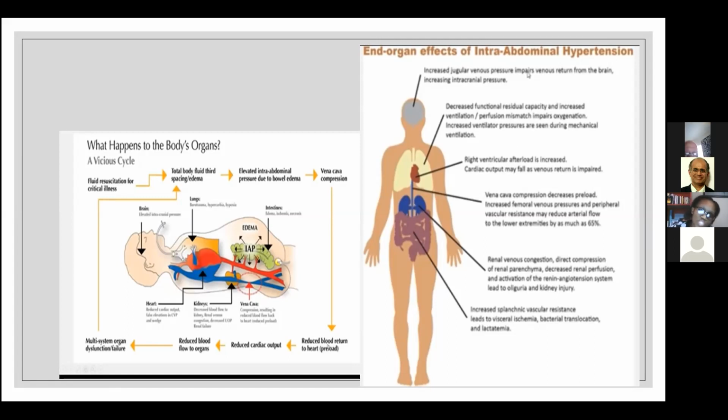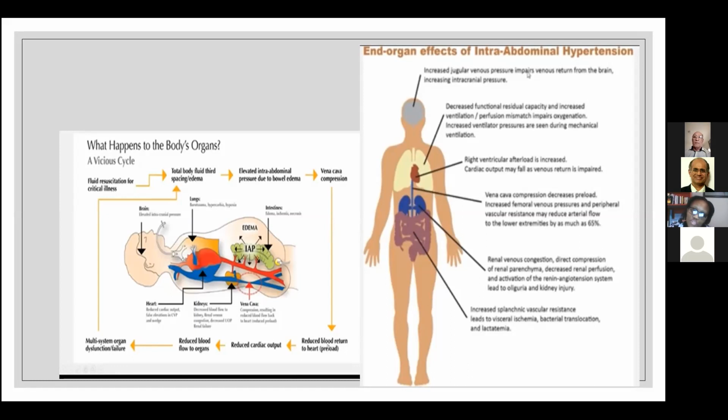So if the patient is a trauma patient who lost a lot of blood, or has hypotension of any cause that needs fluid resuscitation, if you don't pay attention to the fluid balance, or you have a positive fluid balance that is not paid attention to, that can lead to total body fluid third spacing or edema. This results in an increase in the intra-abdominal pressure, which may compress the vena cava.